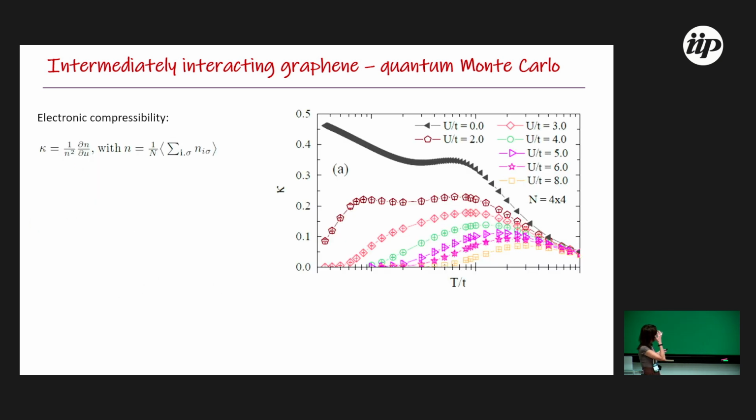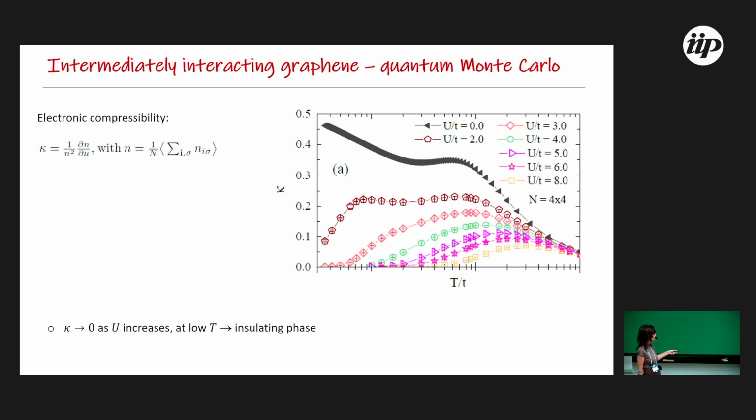So we can use, again, quantum Monte Carlo to compute electronic compressibility. And basically here, the information that is acquired is that the compressibility goes to 0 as U increases at low temperature.